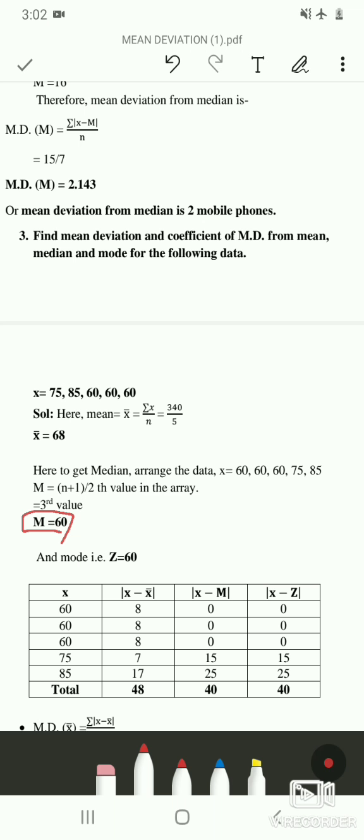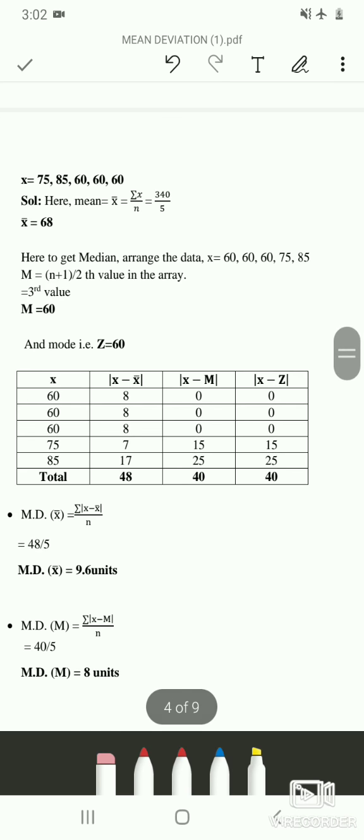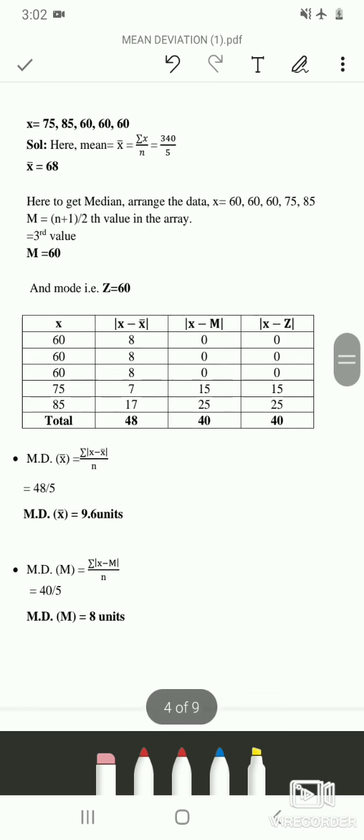And we know mode is the value that has been repeated the highest number of times. Here in the data we can see 60 is repeated 3 times, therefore the mode is 60, and mode is represented by capital Z. Once you know all the values, the next step is calculating the absolute deviations.